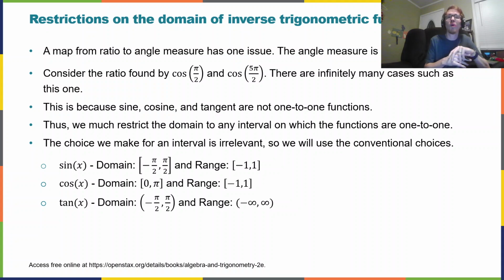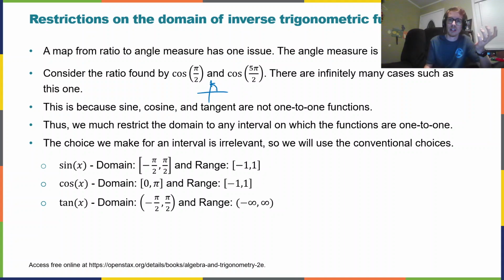There is one issue with going from a ratio to an angle measure, and that is that the angle measure is not actually unique. Think about the ratio found by cosine of pi over 2. Here's our unit circle, and angle pi over 2 is right here on the positive y-axis.